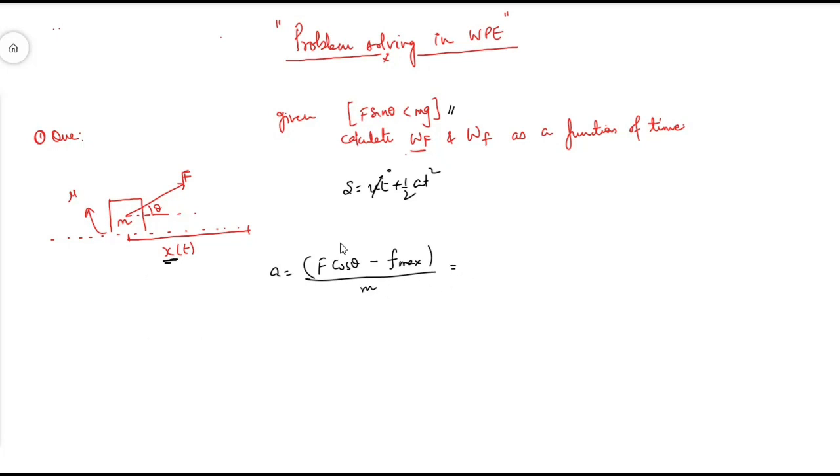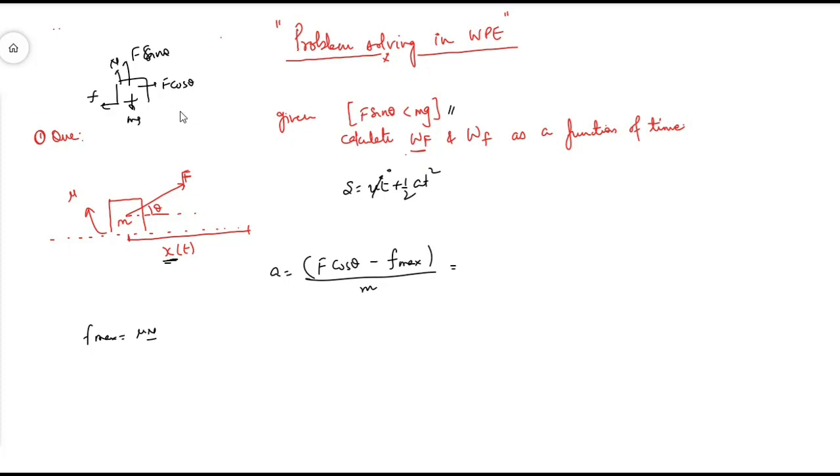Here F max is nu into N. For the normal reaction component, if I draw the FBD, this is F sine theta, this is F cos theta, this is mg, this is N, and this is the friction force.